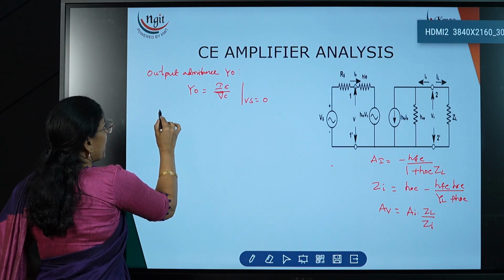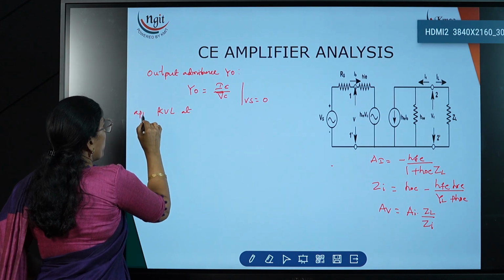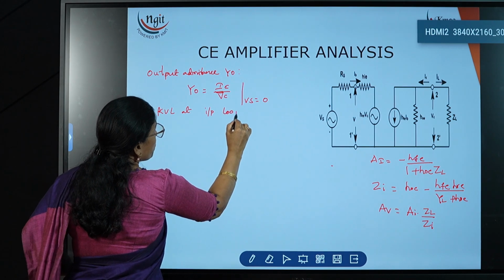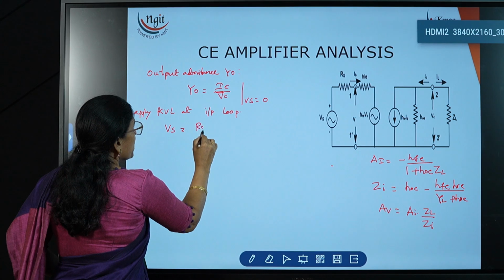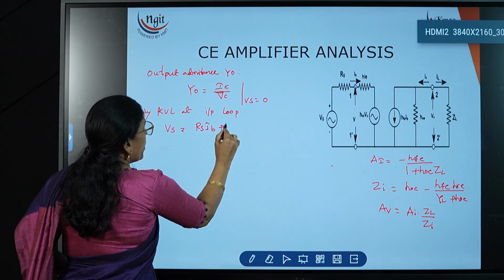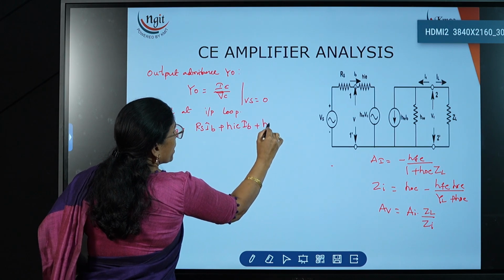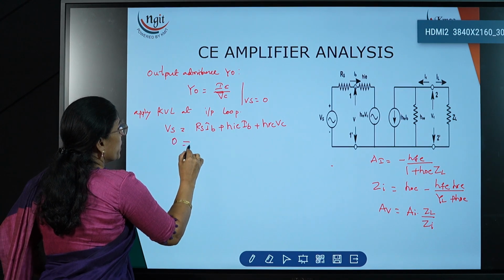Now I am writing KVL at the input side or input loop. Vs is equal to Rs into IB plus HIE into IB plus HRE into VC. Now Vs is equal to 0.